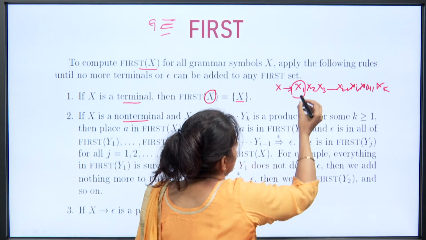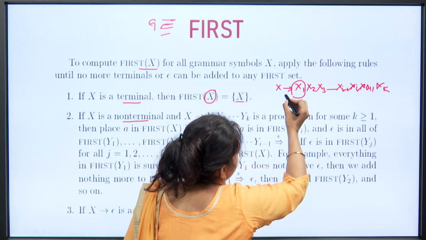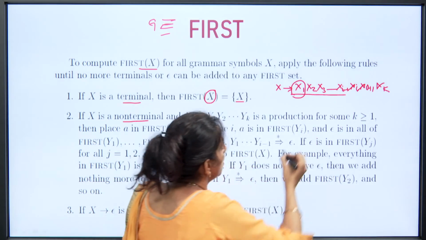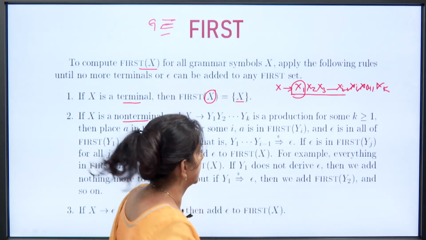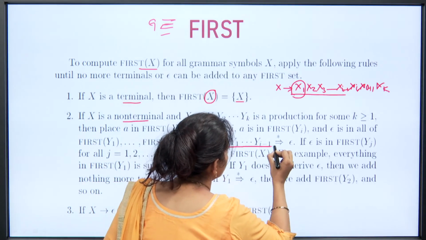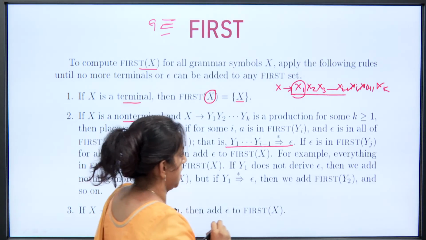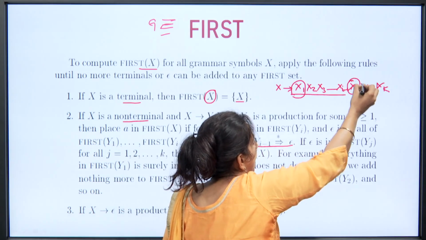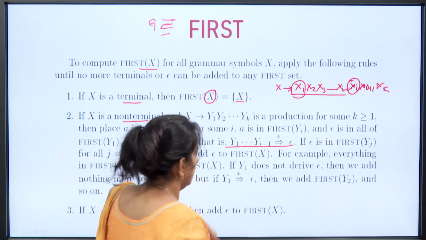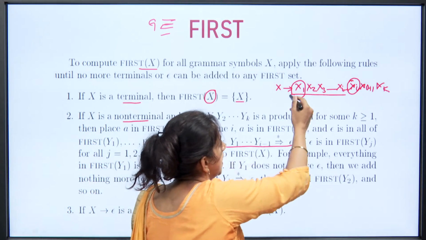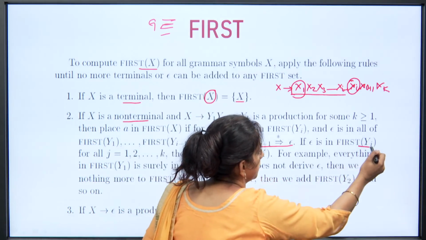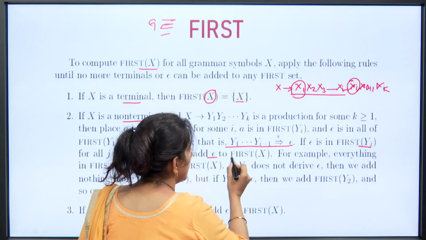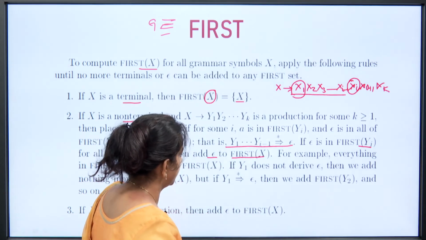If Y1, Y2, Y3 up to Yi minus 1 derive epsilon in 0 or more steps, in this case we will obtain first of Yi, and whatever is in first of Yi will be added to first of X. Similarly, if null is in first of Yj for every j from 1 to k, then epsilon will lie in first of X. Now, we can take one example.